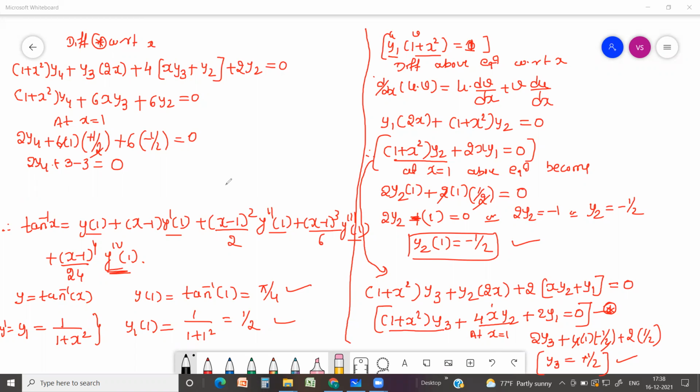So y2 we have computed as minus 1 by 2. If I substitute here, I'm getting minus 3 plus 3 equal to 0, so y4 of 1 is equal to 0. Therefore, we got all the values: y4 of 1, y3 of 1, y2 of 1, y1 of 1, everything.